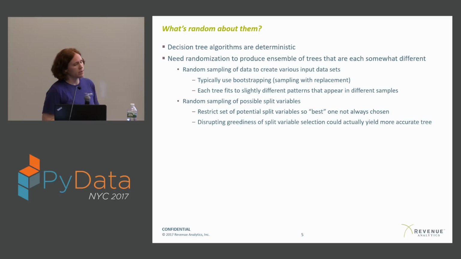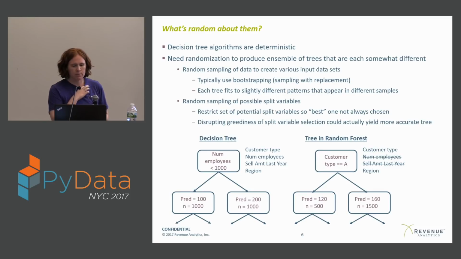And the second way randomness is incorporated is in the random sampling of possible split variables. This is slightly more nuanced. If you think about how a tree works, you can look at this tree model on the left. At each node, at each level in the tree, it is choosing among all of your predictors to say which variable will give me the best split and where should I split it.